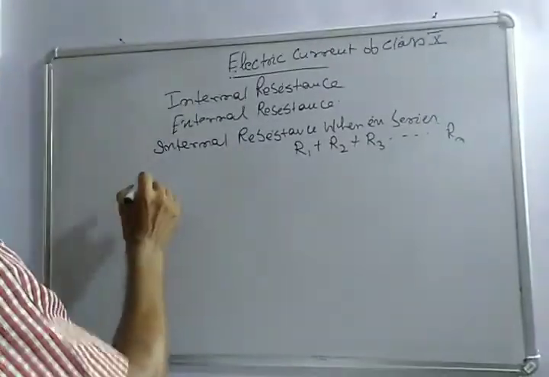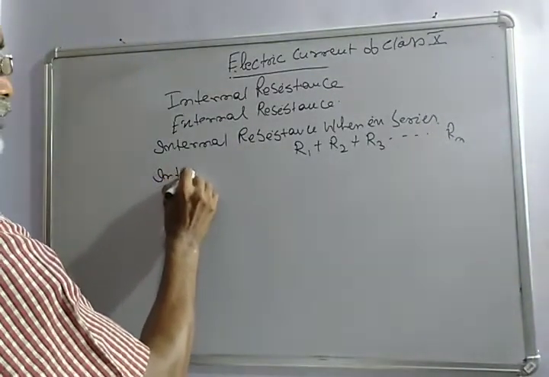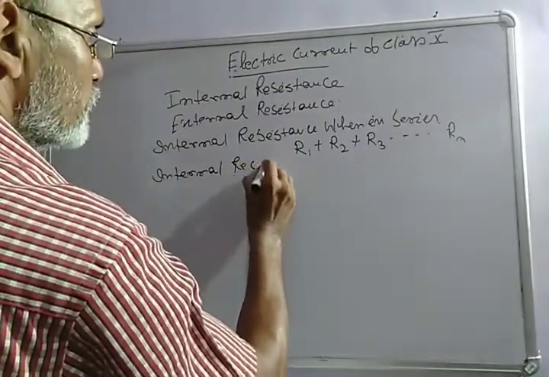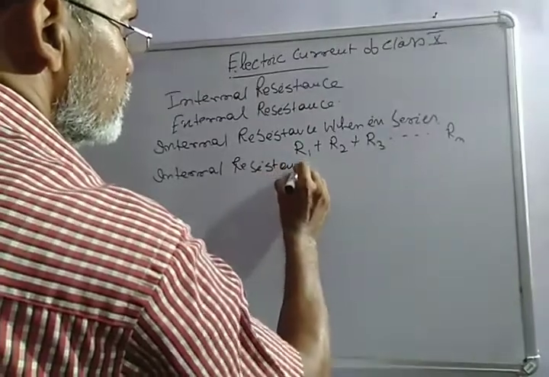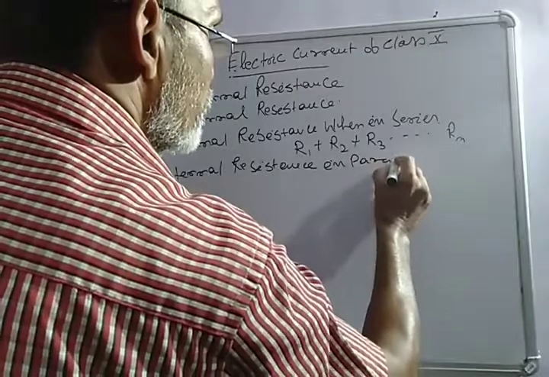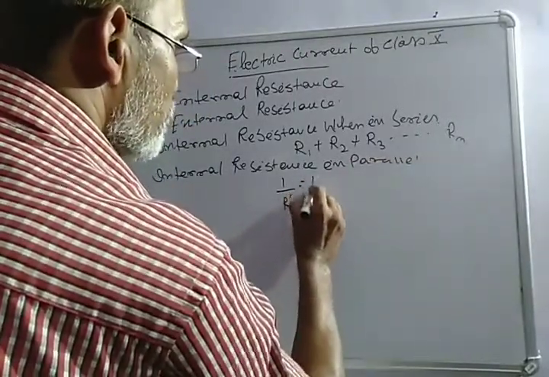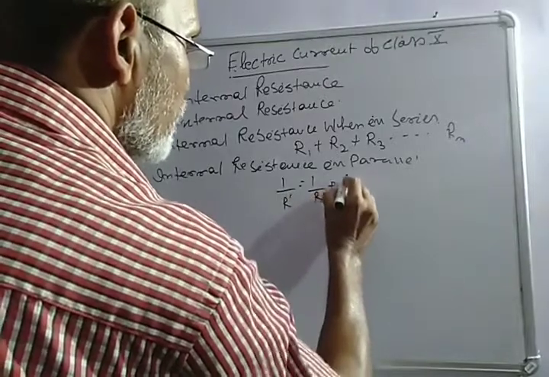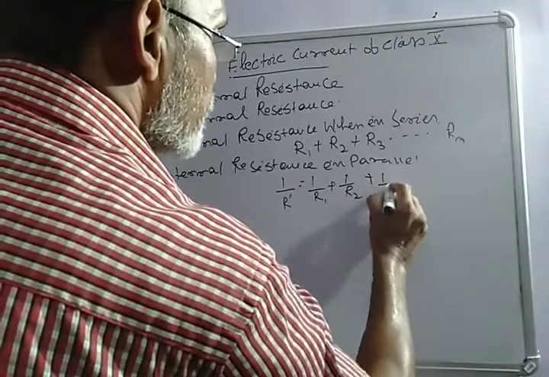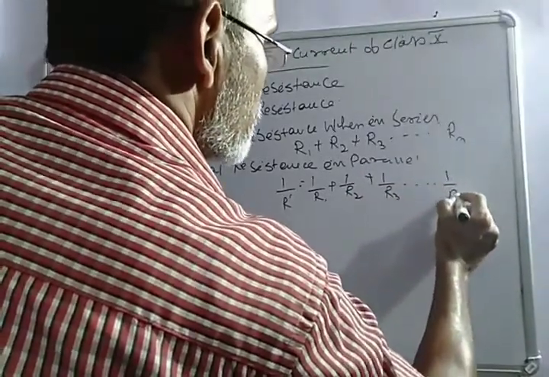But if a number of cells are connected in parallel, then internal resistance is calculated according to the reciprocal of the parallel combination. In parallel, 1 by R dash is equal to 1 by R1 plus 1 by R2 plus 1 by R3 and so on up to 1 by Rn.